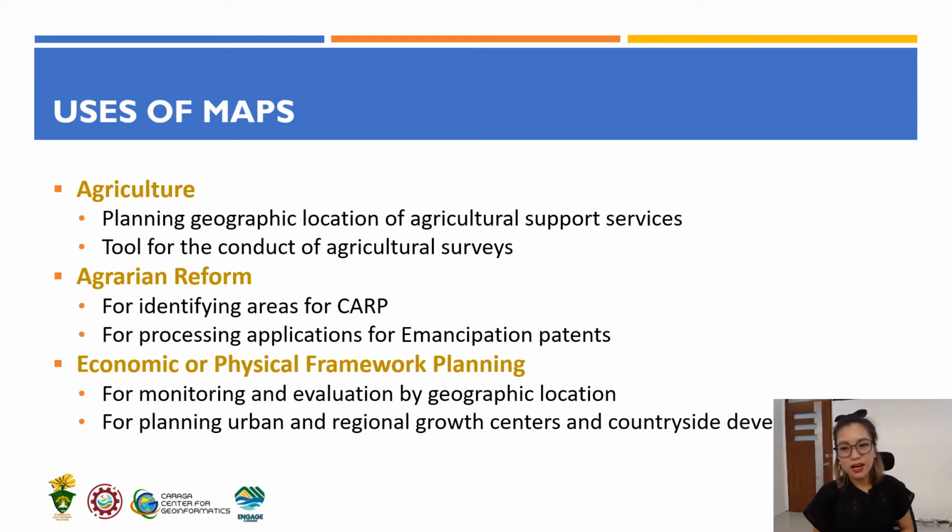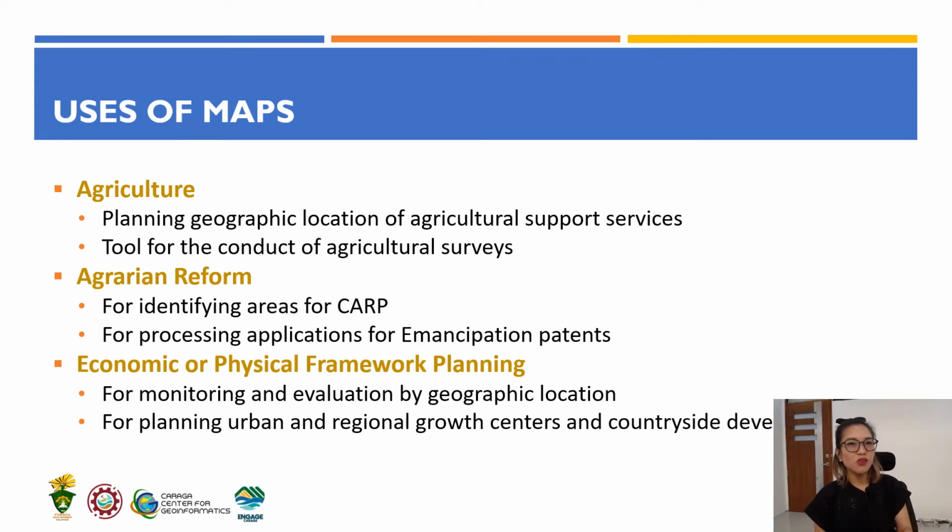So there are, I'm not sure how many in this presentation, but there are a lot of uses of maps. First is agriculture: planning, geographic location of agricultural support services, and a tool for the conduct of agricultural surveys. Just like with any other uses, you cannot just go into the field and identify things right away.